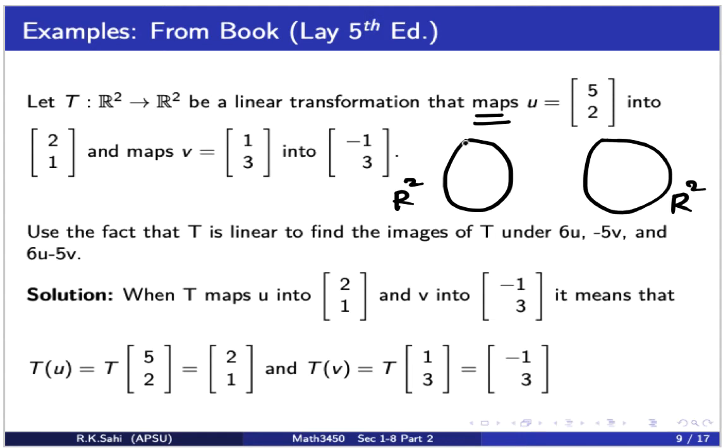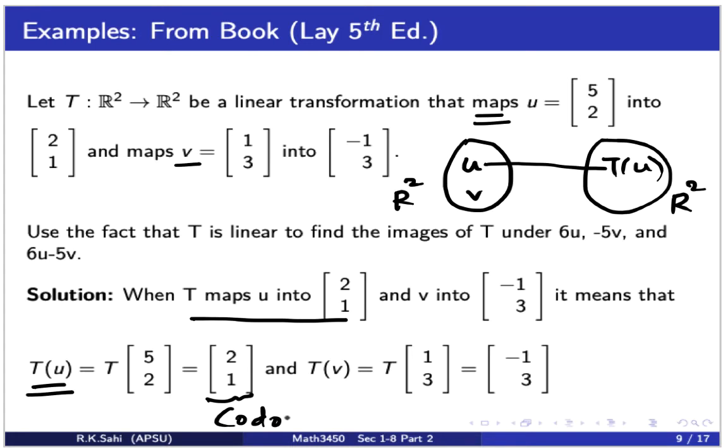It maps u, which is a vector in the domain of T, which is 5 and 2, and maps v, which is again a vector in the domain of T. So these u and v, remember, are in the domain of T. And when T maps u into 2, 1, that means T of u is the vector 2, 1. Now this 2, 1 is in the codomain of T.